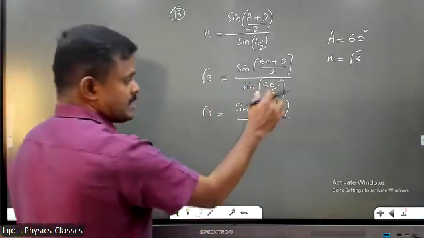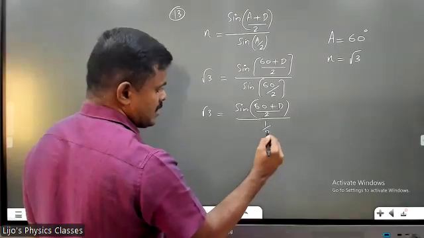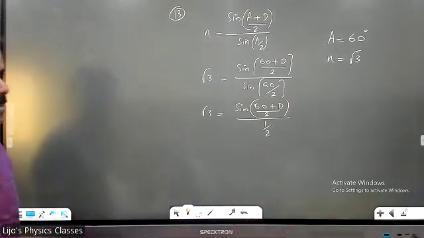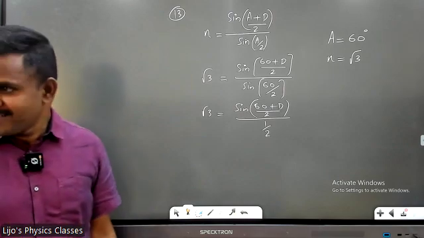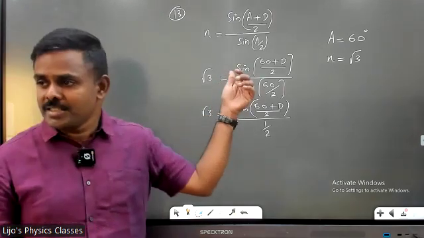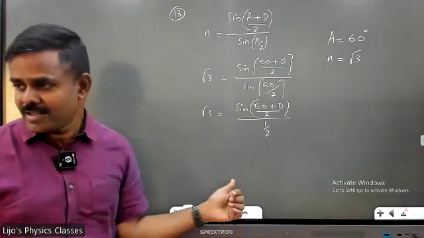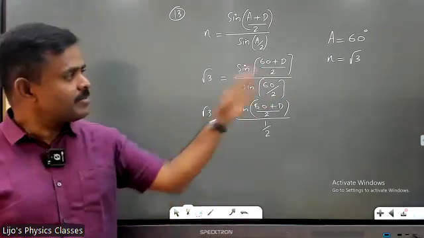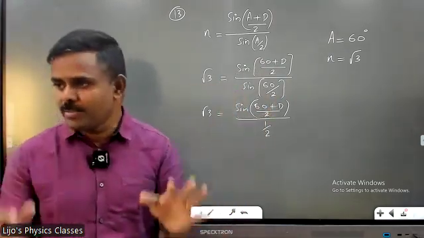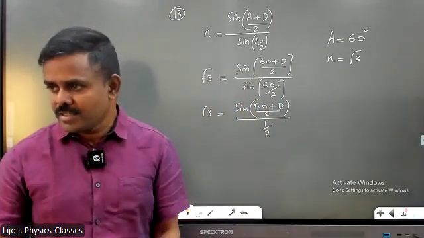Sine 30 is 1 by 2. No, you can't cut sine. Sine cannot be cut because it's a function. Functions can never be cut. Sine of something by sine of something, you cannot cut them. The values can be cut, but not the functions.